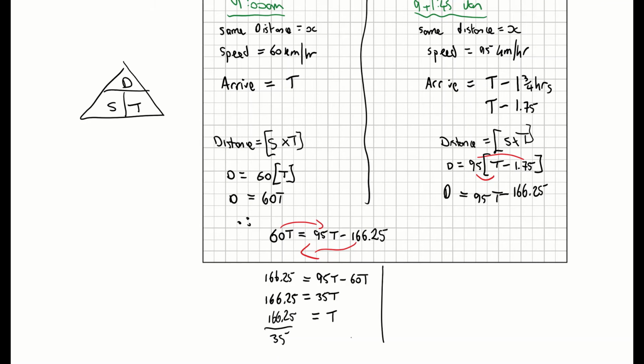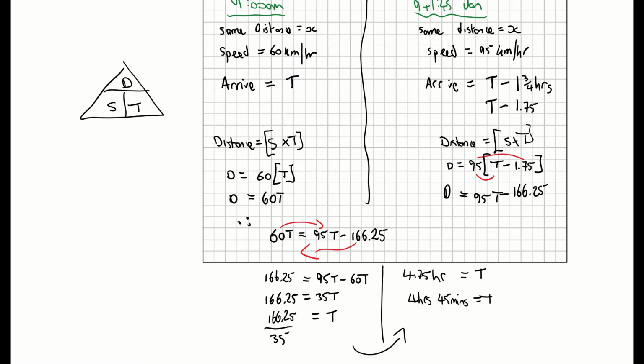That is giving me t, or time, as 4.75. Now this is time in hours, so 4.75 hours, which is 4 hours, and 3/4 of an hour is 45 minutes.